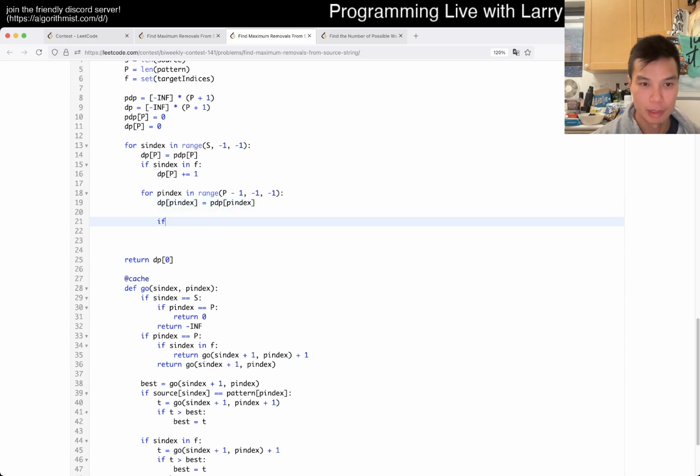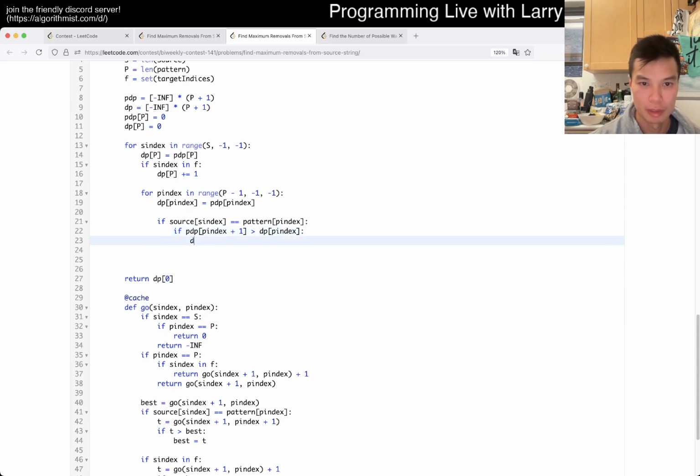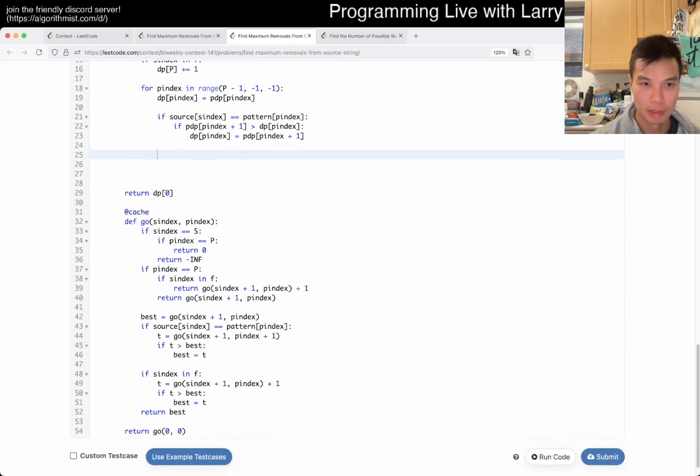If P is greater than dp P index, okay, and then now one last more.